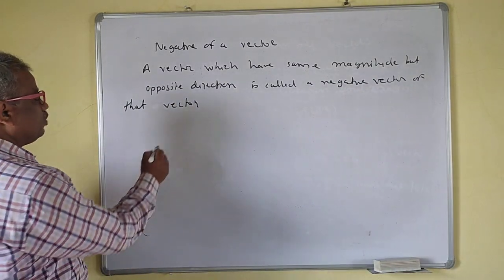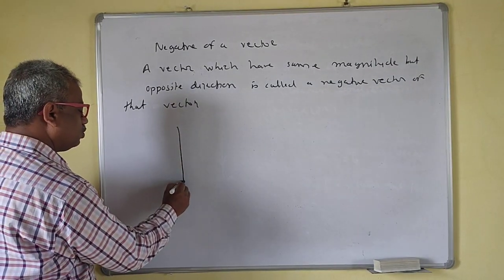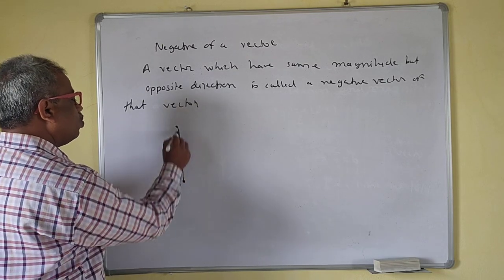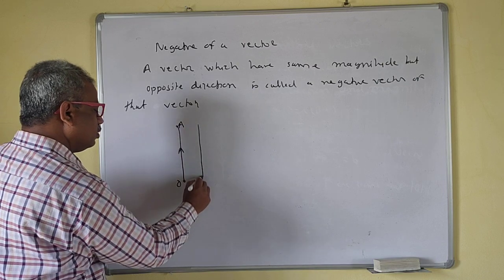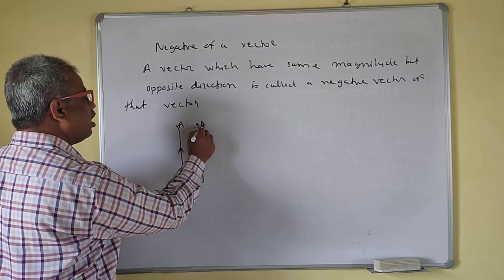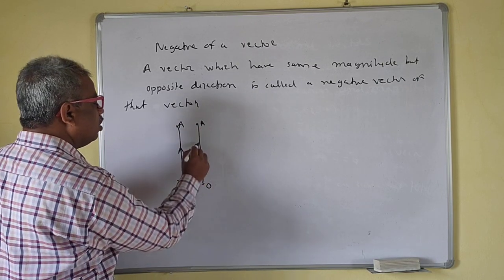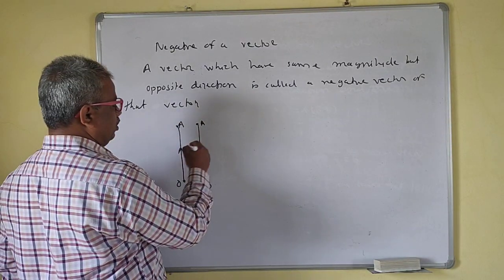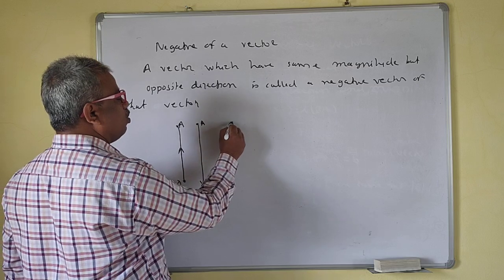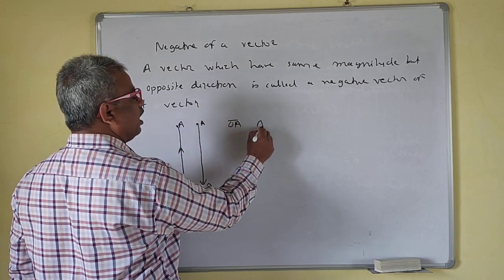Okay, so that means what? Suppose this is your O, this is your A, direction is this. Suppose this is A and this is O, now direction is this, right? So lengths are same. That means OA bar and AO bar.